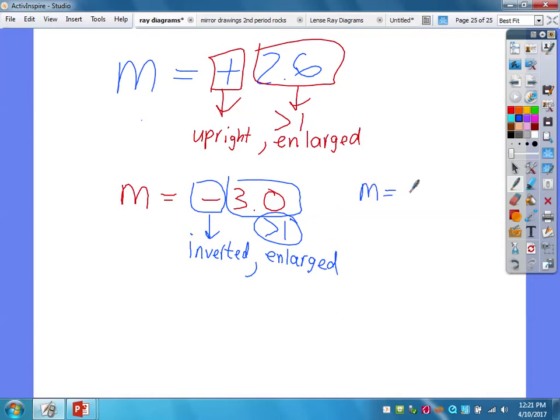That would be where you have something like a magnification of positive 0.25. This is upright. This is diminished. So it's all about the number and the sign separate from each other. We have to be very careful with that. Again, we'll get to the specific calculation a little bit later.